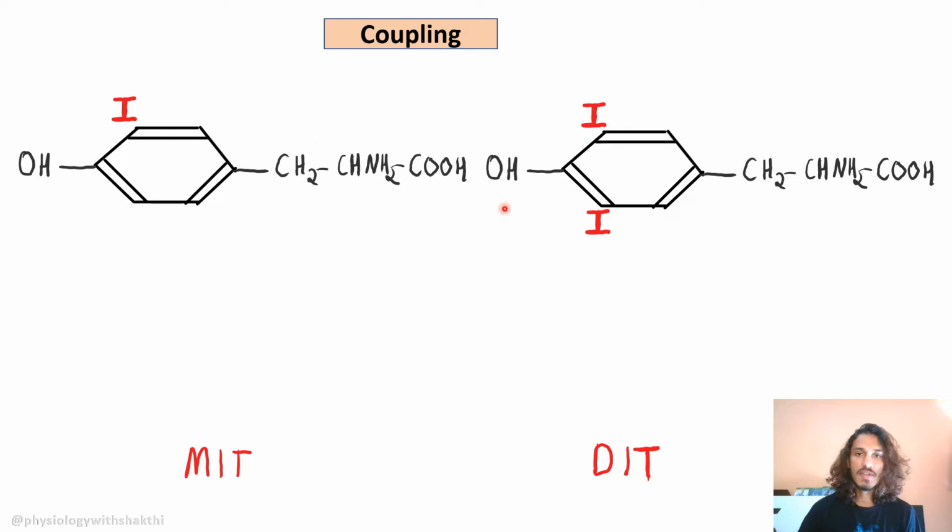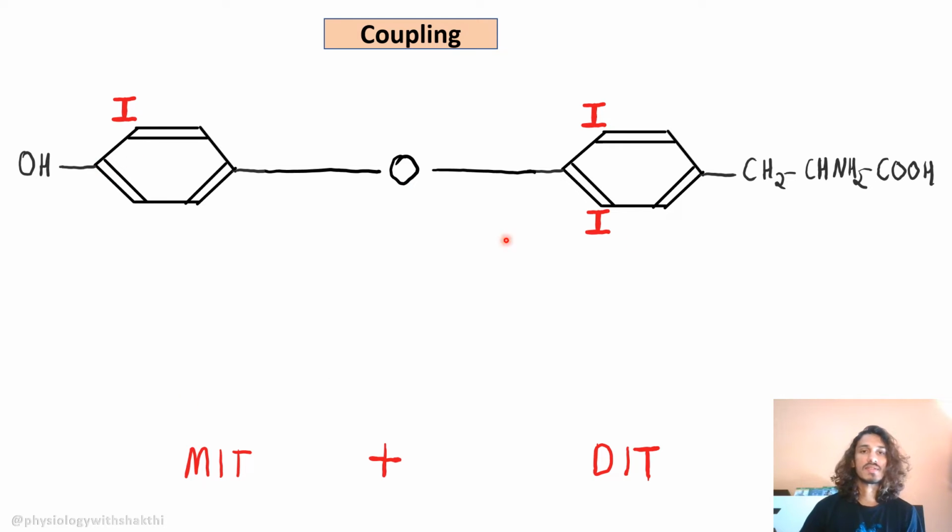So this part over here, you can see that H is actually this side. So OH and CH2, CH and H2, COH. This H is transferred here, and CH2, CH and H2, COH goes outside. That finally forms a bond like this. So this is an addition of MIT along with DIT. MIT and DIT forms 1, 2, 3 iodide residues.